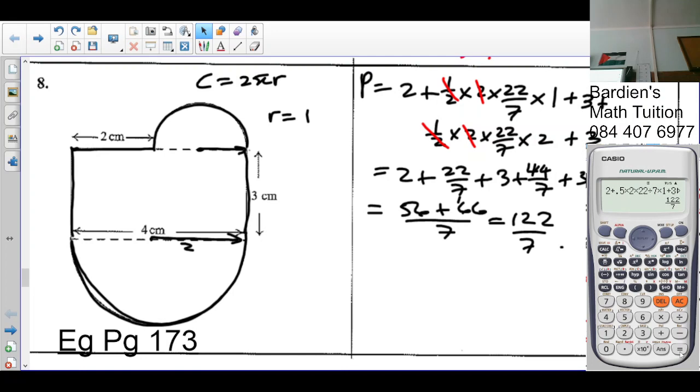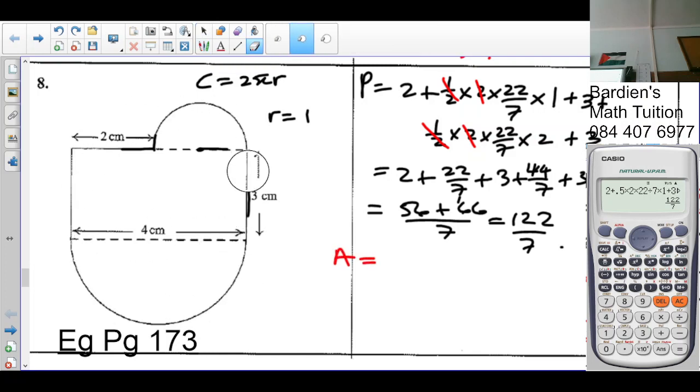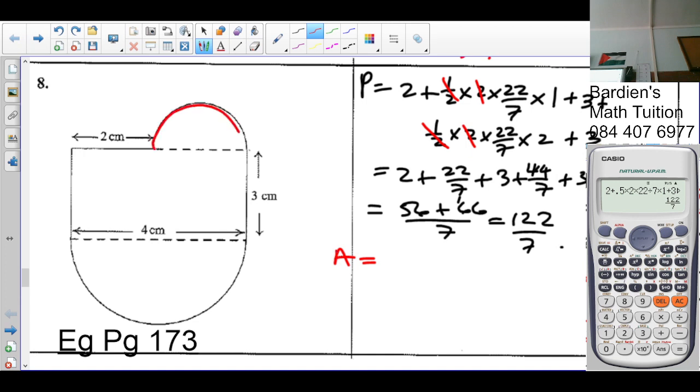Okay. The last one, the area. If you look at the shape here, the shape is again made up of a few shapes, so it's a composite shape. So it's going to be the semicircle here with a radius of 1. We've got a rectangle measuring 4 by 3, and another semicircle here.